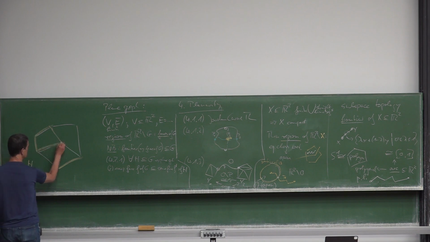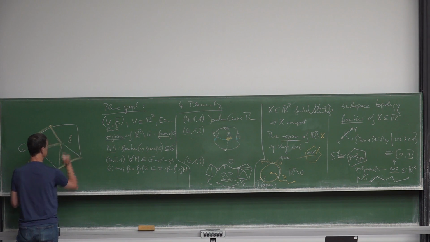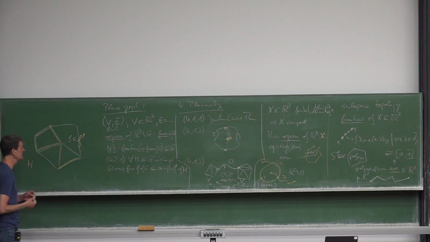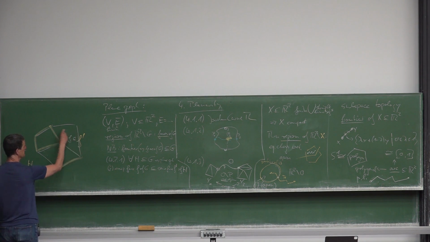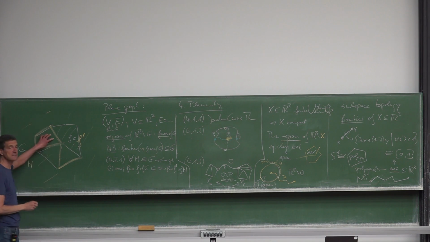Now, if I take a face of G, this little f, that will be contained in some face of H. F is this. F prime is going to be the entire outside here, everything except that.